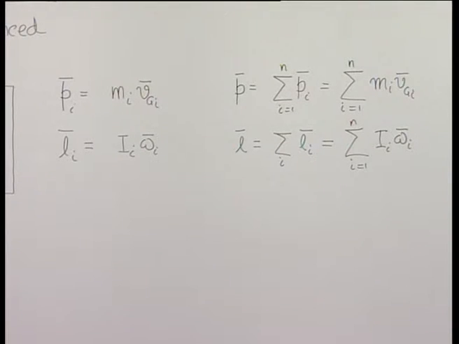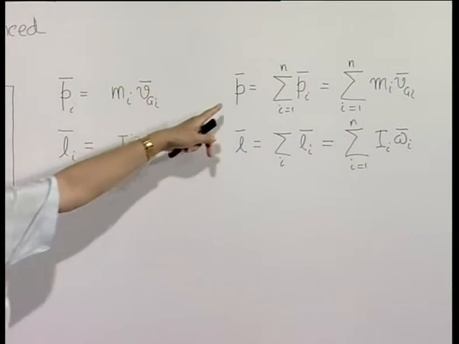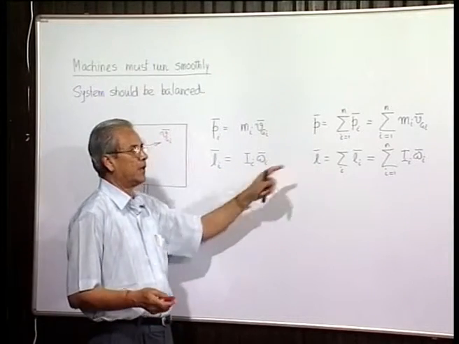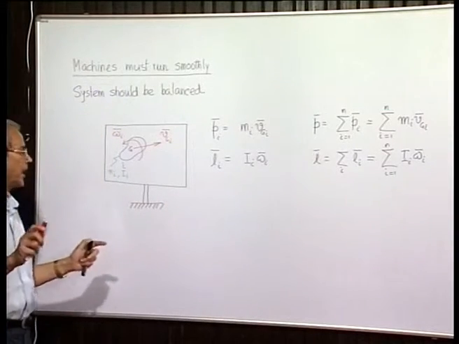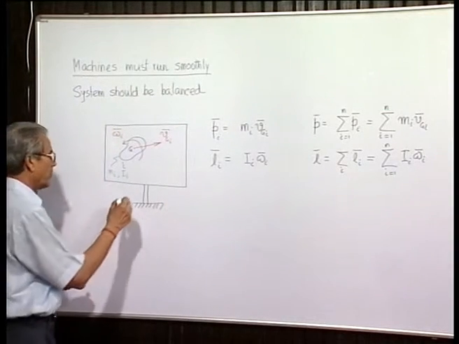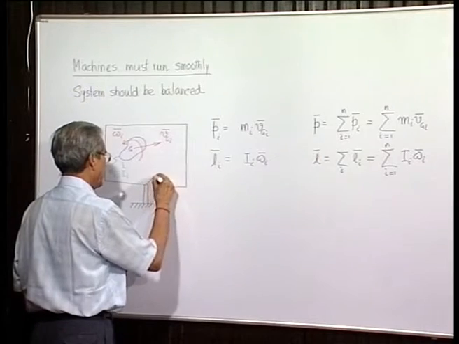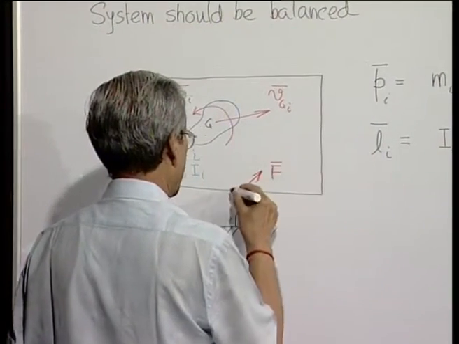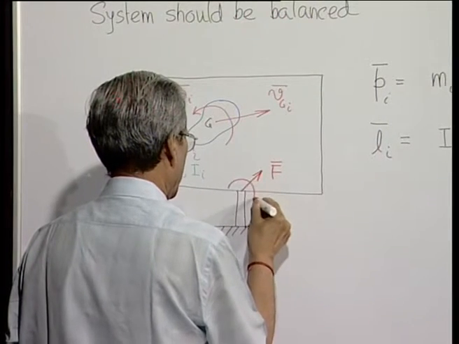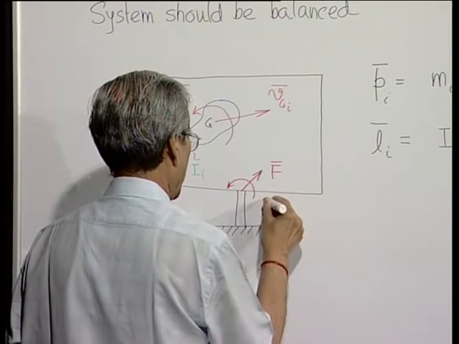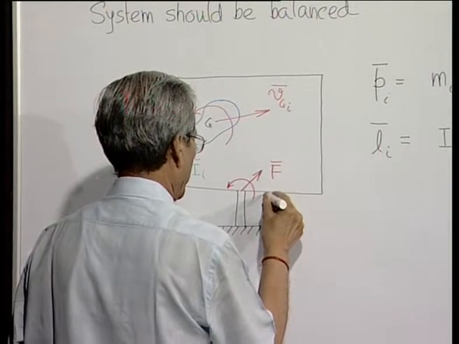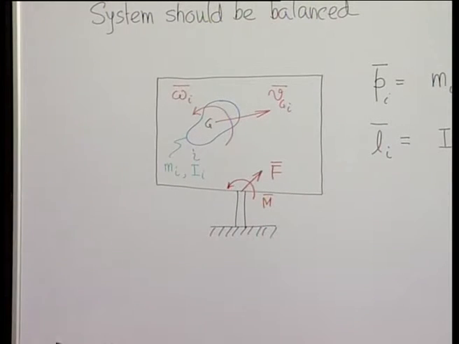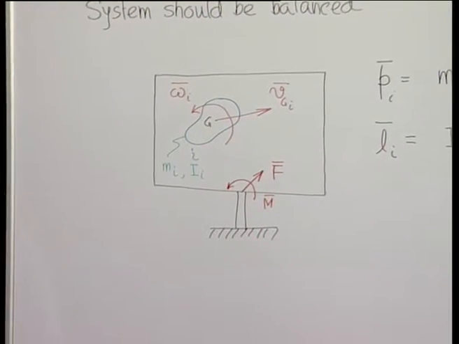Now, if these momenta, both linear and angular, remain constant with time, then the external force applied by the support and the external moment by the support on the body will be 0.